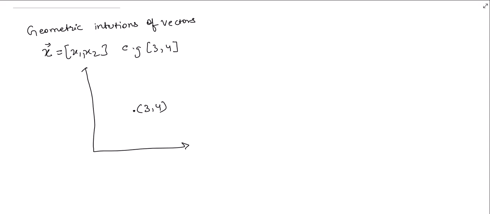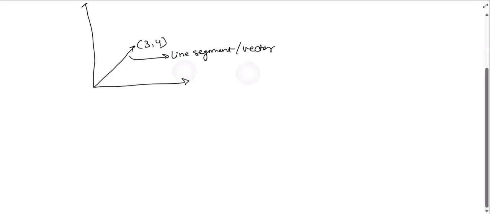Now what we can do is, from the origin we can draw a line, and this is called a line segment, or this is a vector from the origin, and this is how we can define the geometric representation.